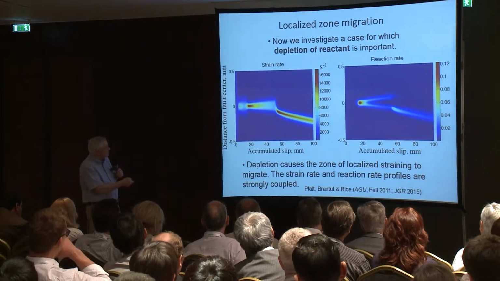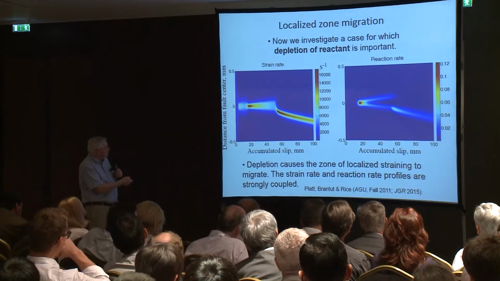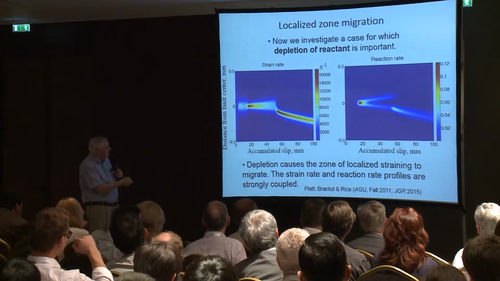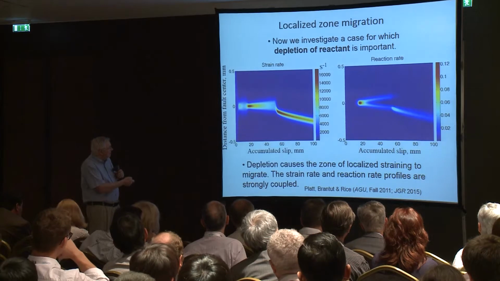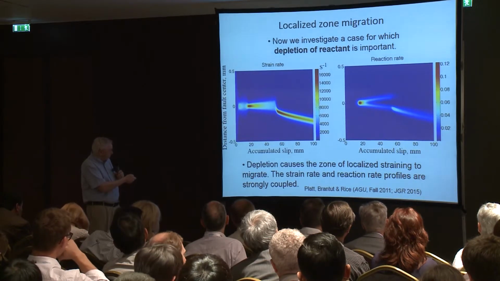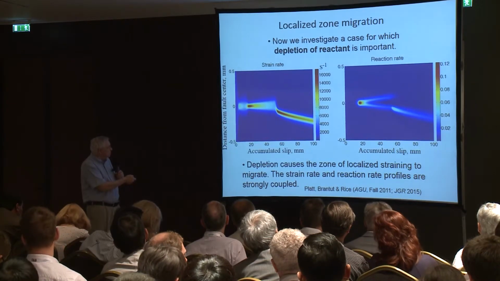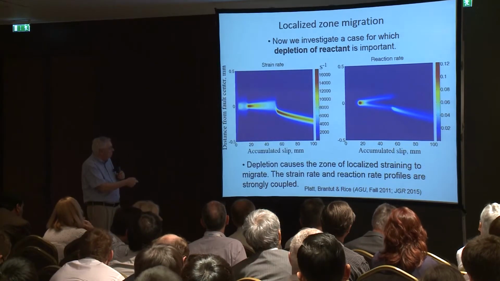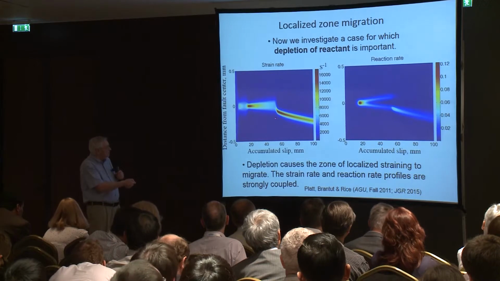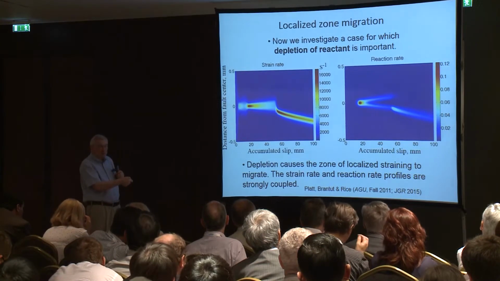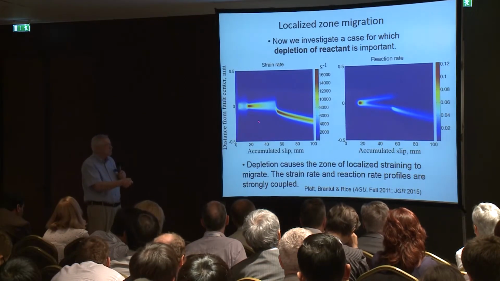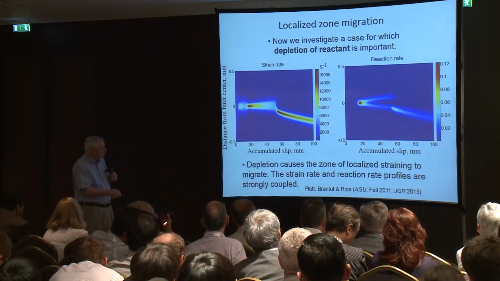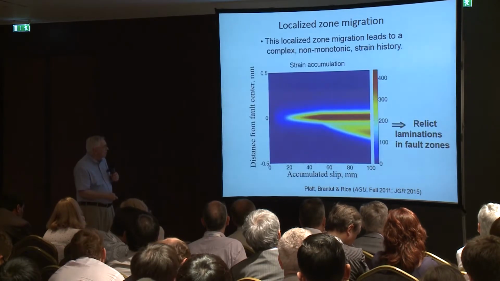The laboratory specimen, I shouldn't call it the fault, I suppose, but the laboratory specimen, instead of keeping its shear in one place, it decides to move the shearing to other places which have not yet been depleted of their reactants, and so the net shear zone spreads in that way.